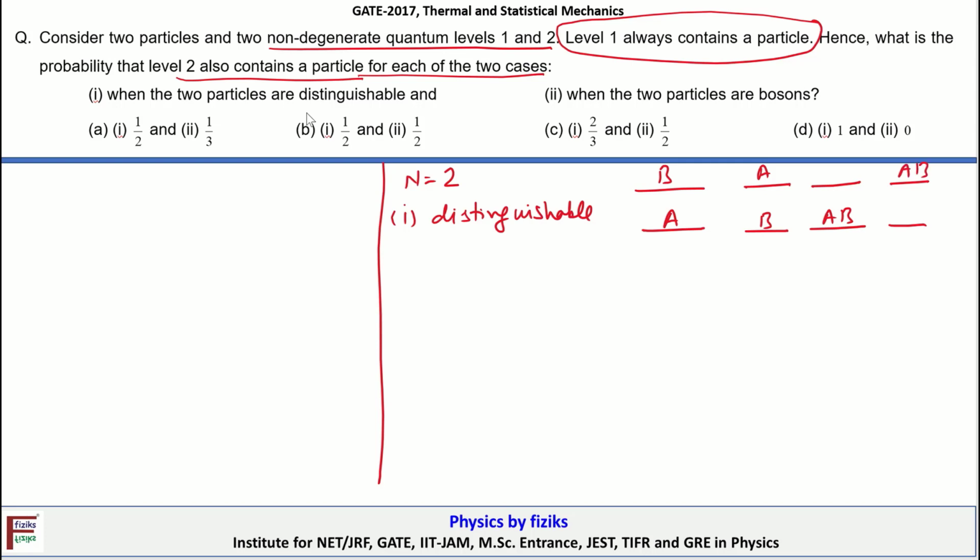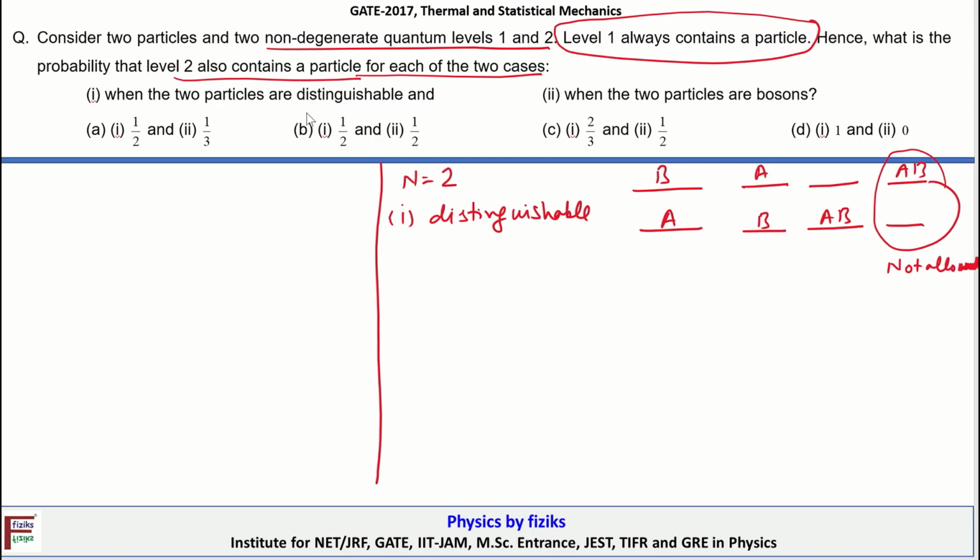But now listen, the condition is that level 1 always contains a particle, so this one is not allowed, because of the given condition. We have to obey the condition also.